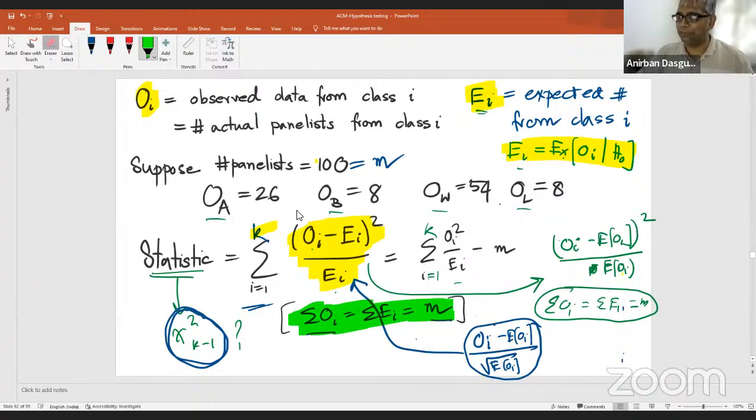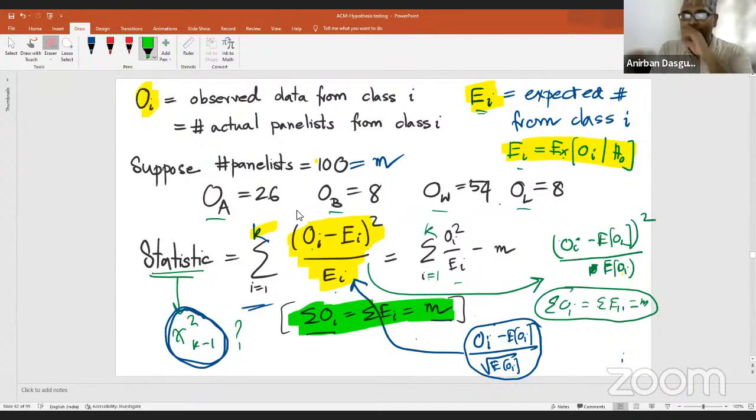There is some linkage among them, because if you take the contribution from each of the classes, they have to sum up to the panel size. So if you give me the counts of k minus 1 classes, I'll be able to say what the count of the kth class is, right? That's why there are only k minus 1 degrees of freedom, not k, because the sum of all the k classes has to equal n.